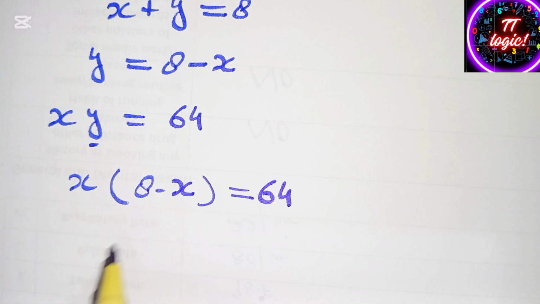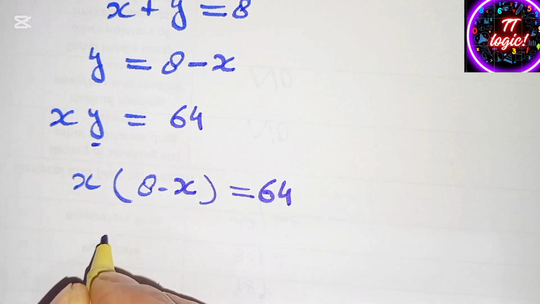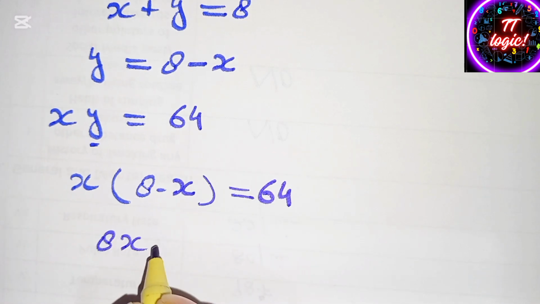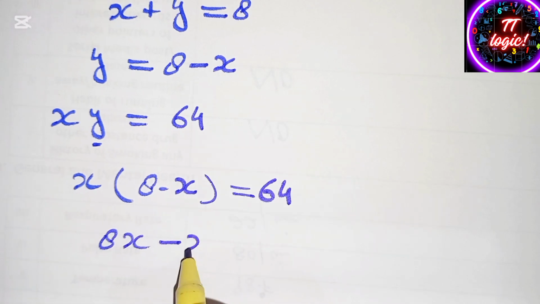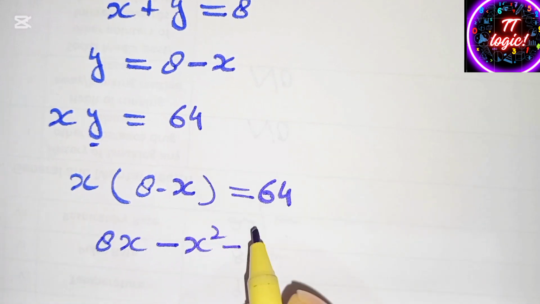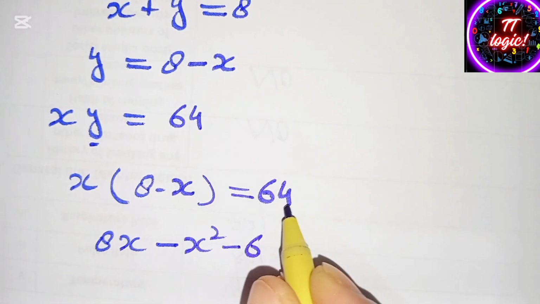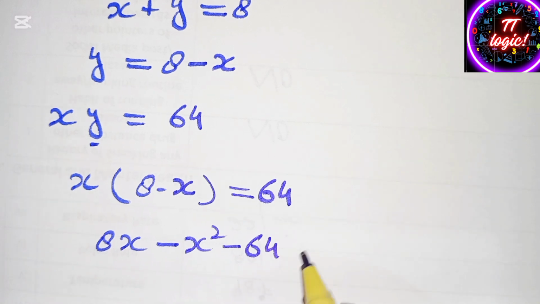Here we multiply: 8x minus x square minus 64 is equal to 0.